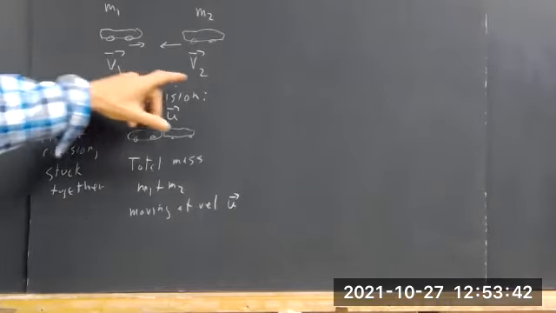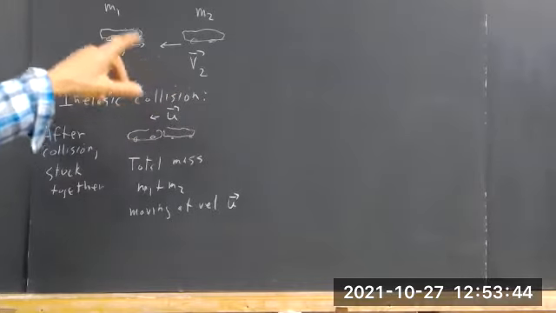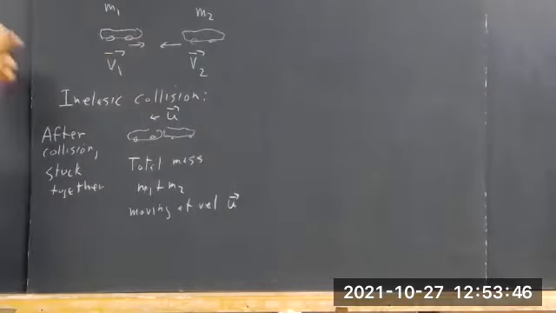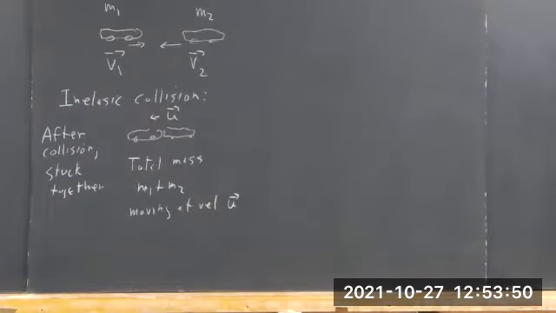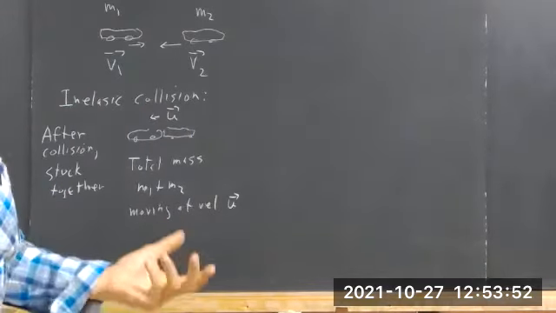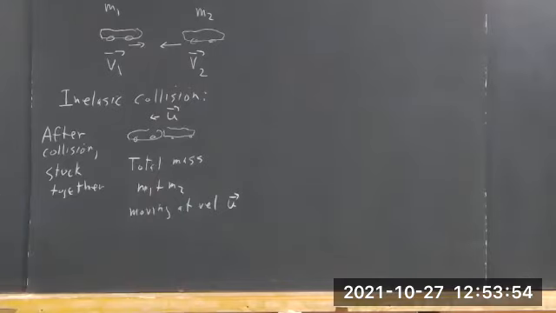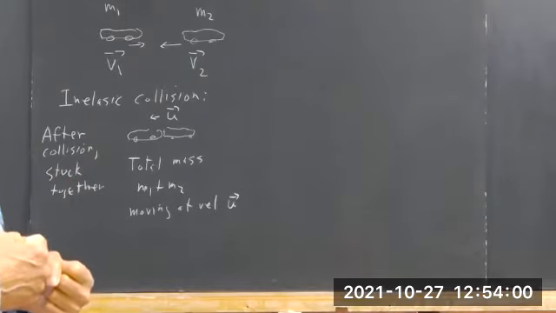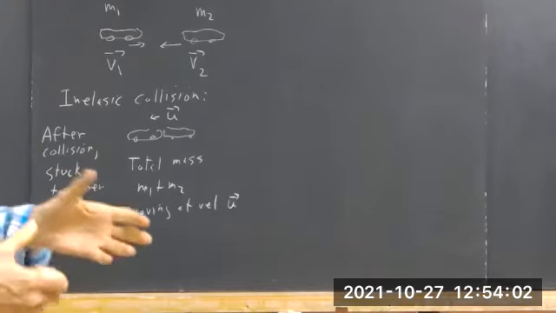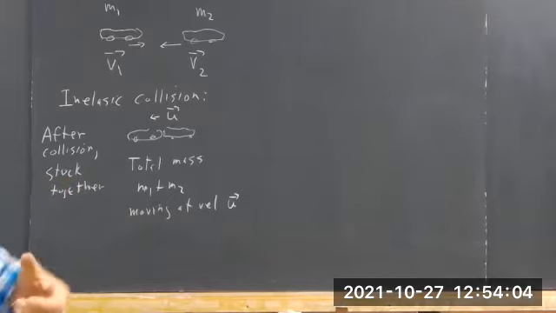So velocities before collision, V1 and V2, masses are M1 and M2. After the collision, if it's an inelastic collision, for example, a collision between two cars is pretty much inelastic. After collision, the cars are not necessarily stuck together, but there's a tendency for bumpers to interlock and stuff like that.